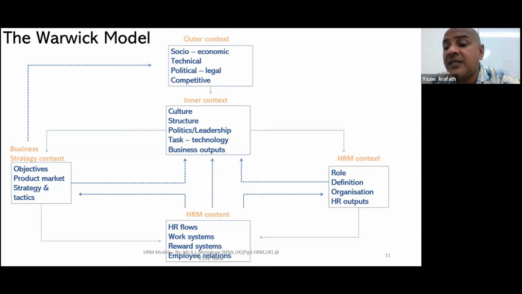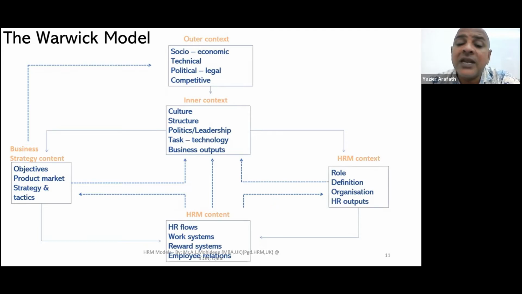Defining the organizational role and HR outputs, everything should be considered. What is the context they are going to work in, and the content: how HR is going to function as a system? What is the work system of HR? What is the reward system of HR?